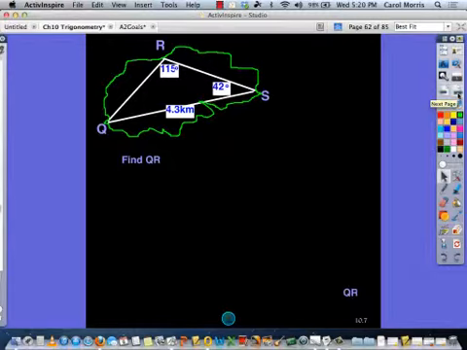In the next example, say we're in a real world situation, probably more like a swamp, and we're at point Q, and we want to build a walking bridge at RS. But you can see these things are quite long.